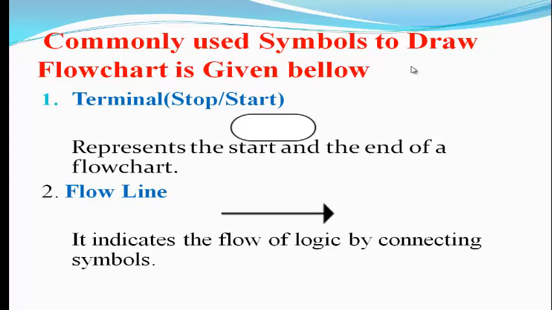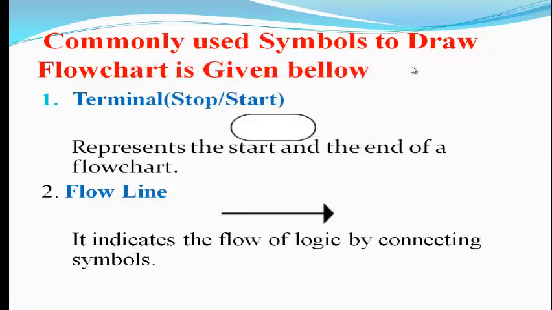The flow line indicates the flow of logic and the exact sequence in which instructions are executed. In a flowchart, the flow line by default runs left to right and top to bottom.